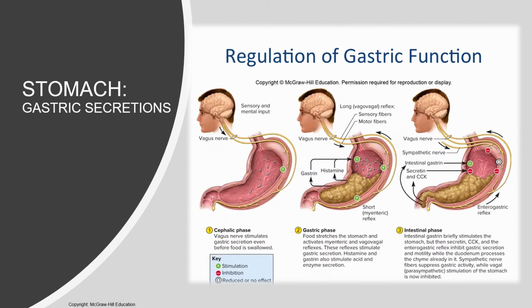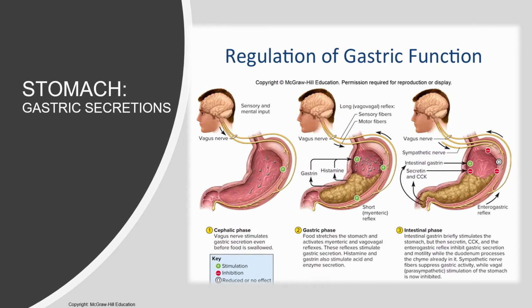If we talk about the regulation of gastric secretion, we need to think about it as a huge system. The nervous system and the endocrine system collaborate in the digestive system to control gastric secretions.